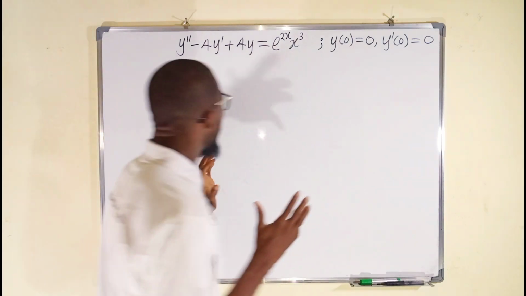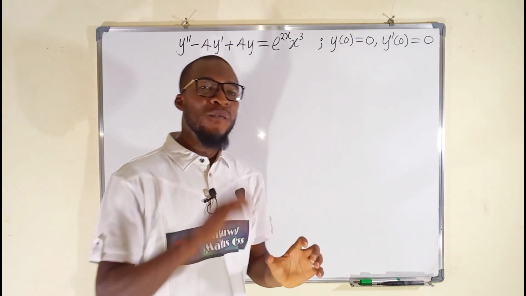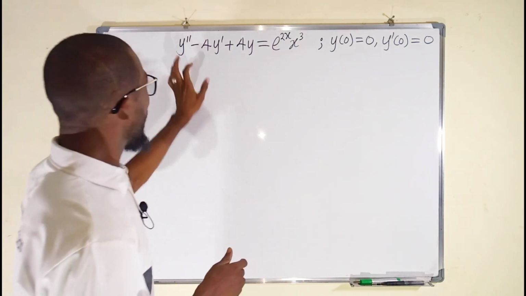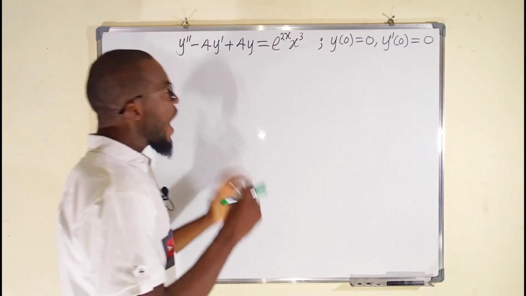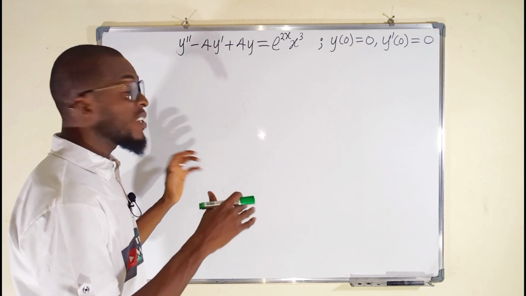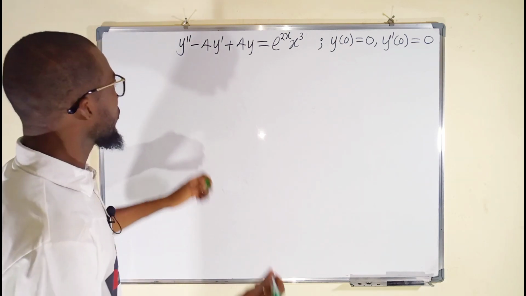So what we need to do here is to take the Laplace transform of each term here. We have 1, 2, 3, and 4. All right, I don't have much space, so let me just go direct.